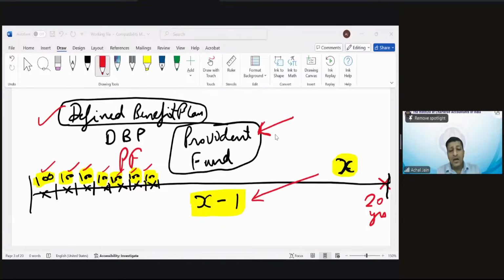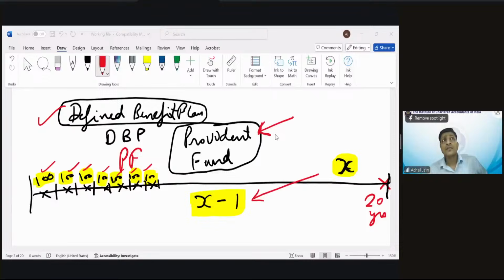Means after employment is completed, maybe his retirement date has been reached, or maybe he has left before his retirement date. It doesn't matter. Both of them will fall within the purview of post-employment employee benefit.